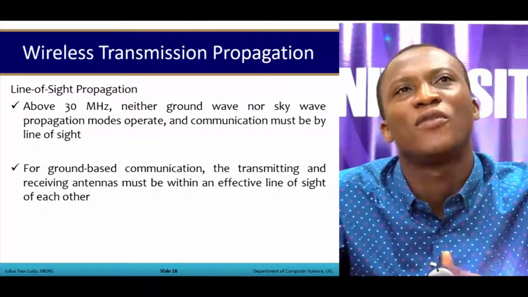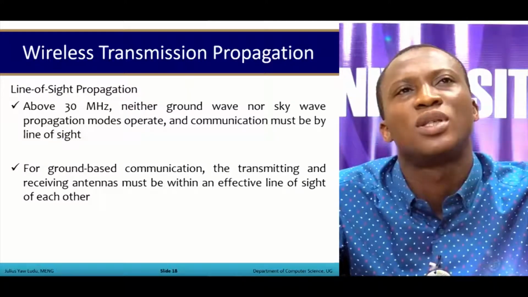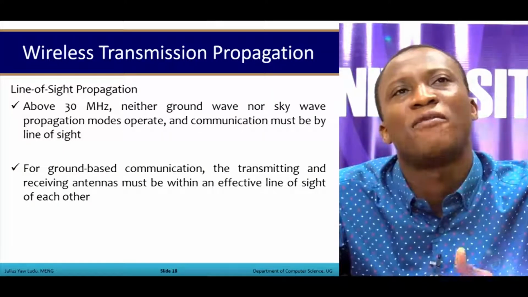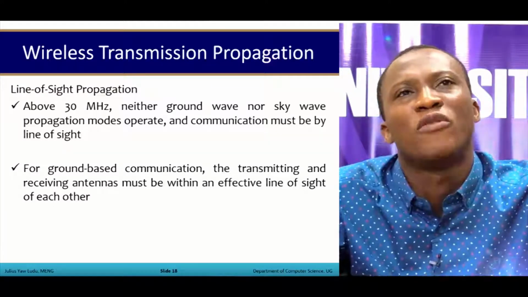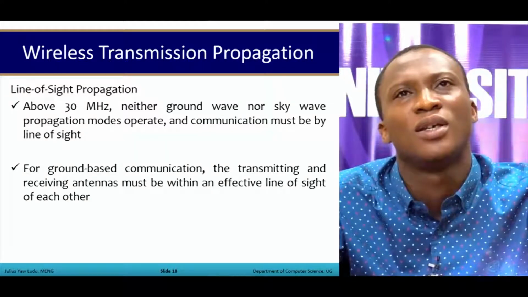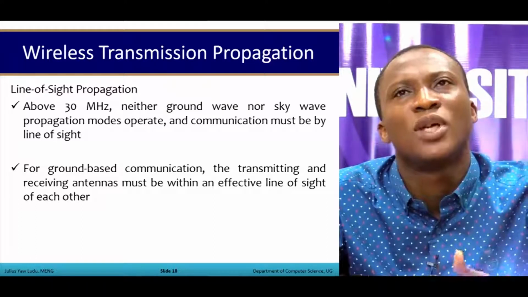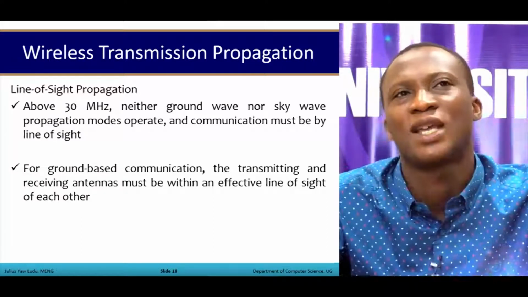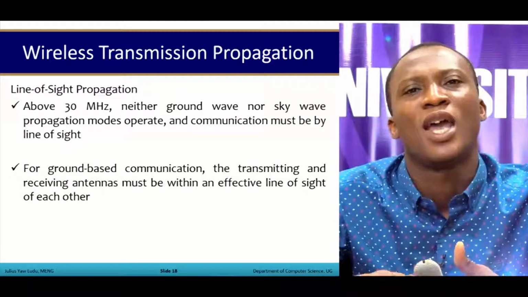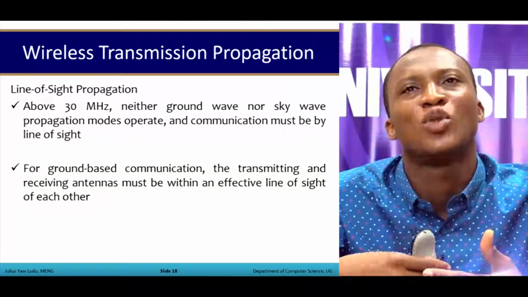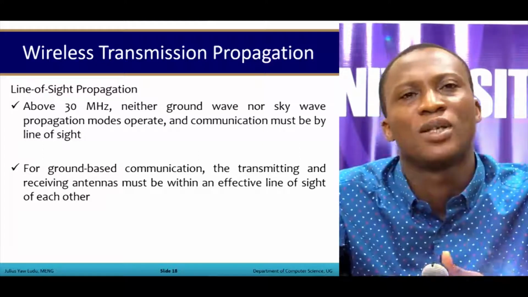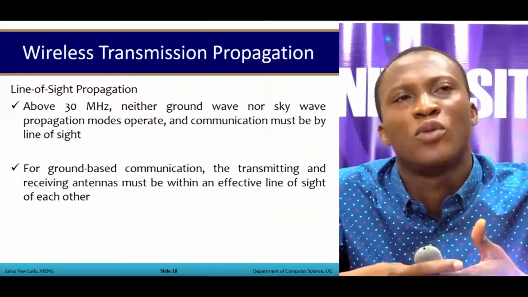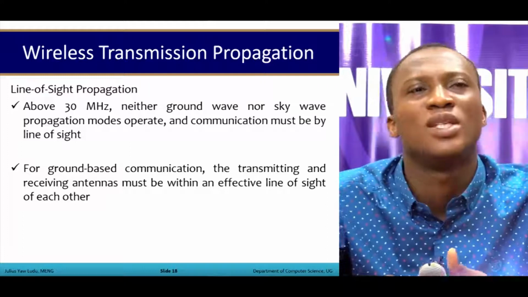Then we have the line of sight, and this is above 30 megahertz. Neither ground wave nor skywave propagation modes operate, so the communication must be by line of sight. It means that if I'm communicating to the dish, I should have a clear sight to the dish, with no interference of whatsoever, such as trees and all that.